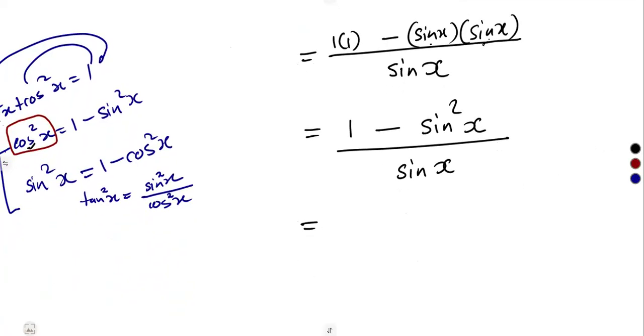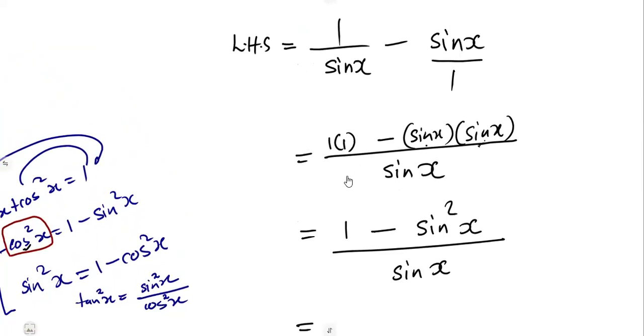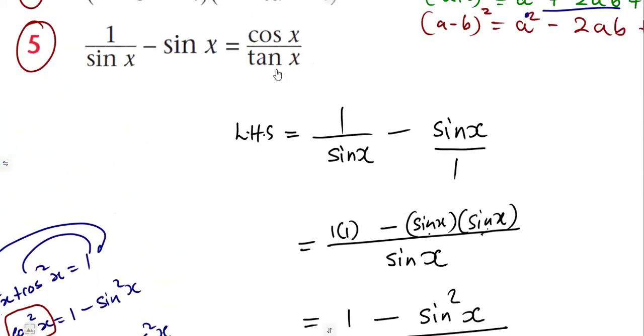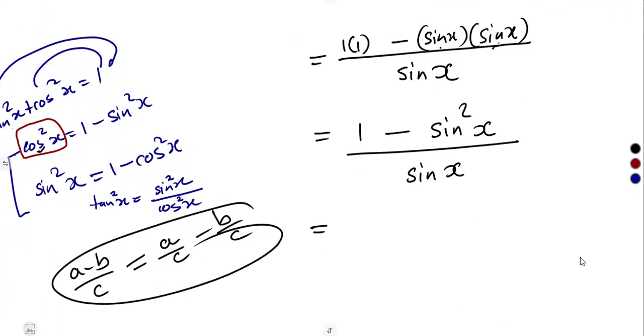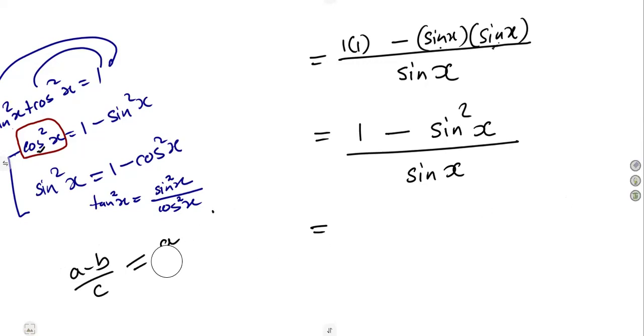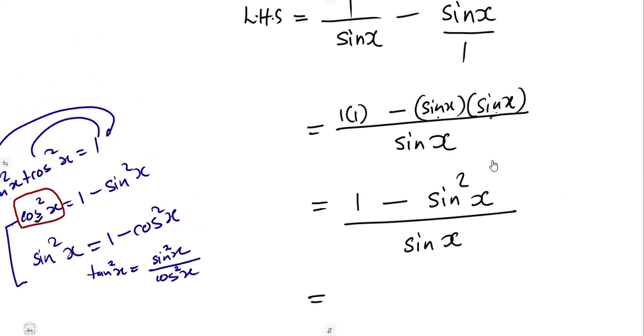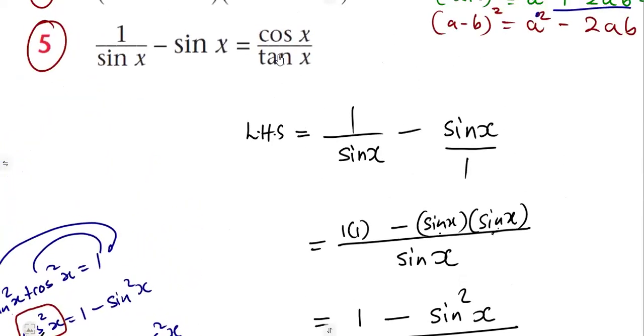With our simplification, the answer that we are having is a single fraction, cos over tan, a single fraction. We cannot separate this because we need a single fraction. Remember, a minus b over c, I said in our algebra, is the same as a over c minus b over c. But we cannot use this part because of our answer. Guys, that is the most important part of proving. You are checking also your answer. Your answer is a single fraction.